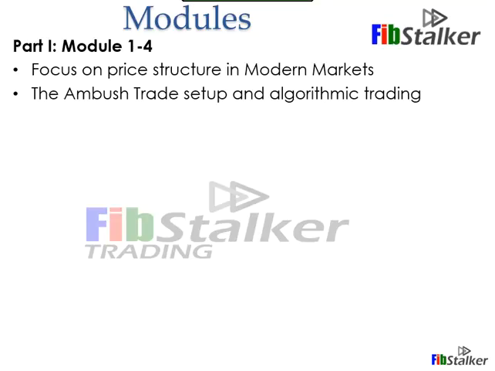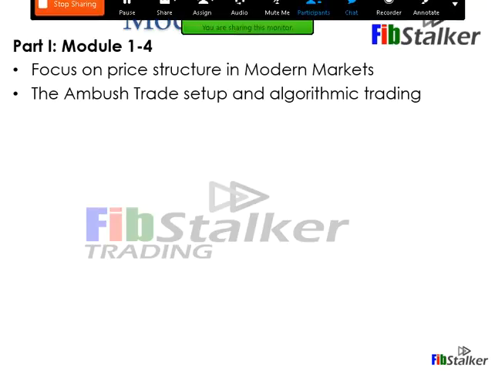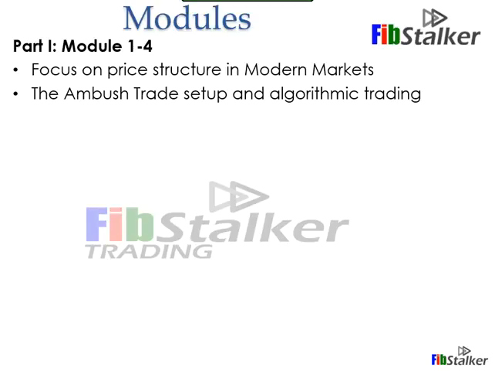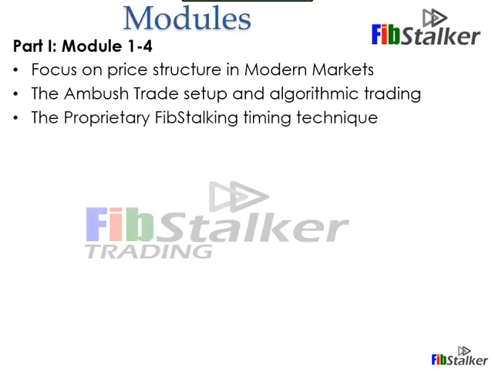I'll show you how algos work, why they are relevant, why they actually have an effect on price, and I'll start giving you the first two trading systems. Actually, indeed, I'll give you more than two. I'll give you also a smart money and dump money trading system. So I'll give you the ambush trade setup trading system and the smart and dump money trading system.